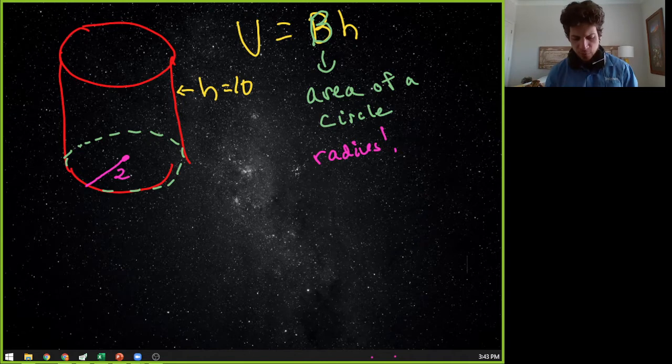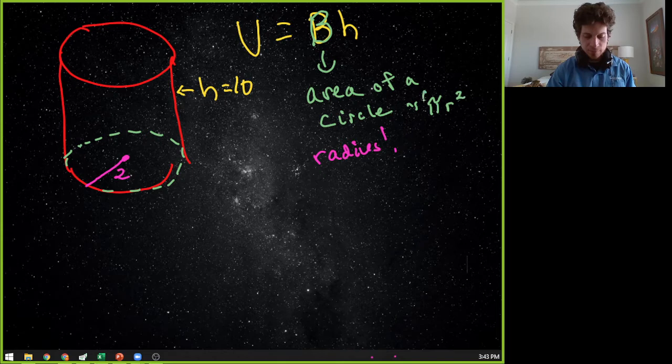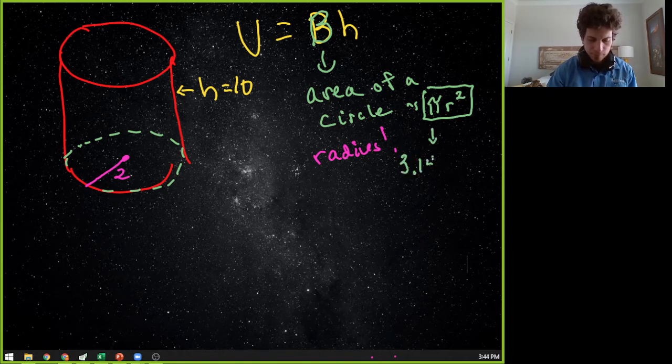Okay, so what is the area of a circle? We have to go back to that. The area of a circle is pi times the radius squared. This is our formula for the area of a circle. We're going to use 3.14 as pi. And we have our radius, 2 squared.